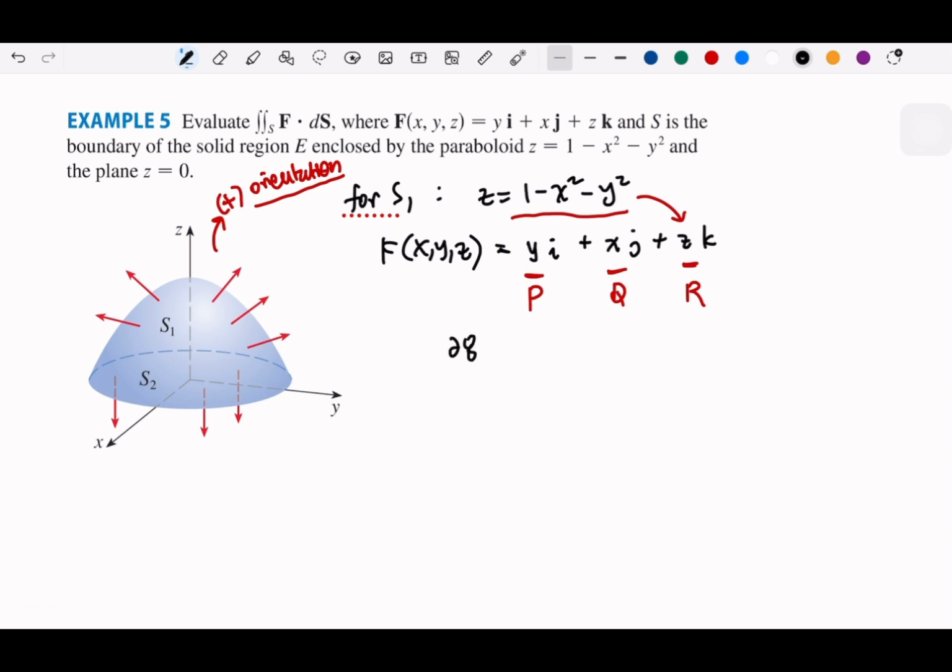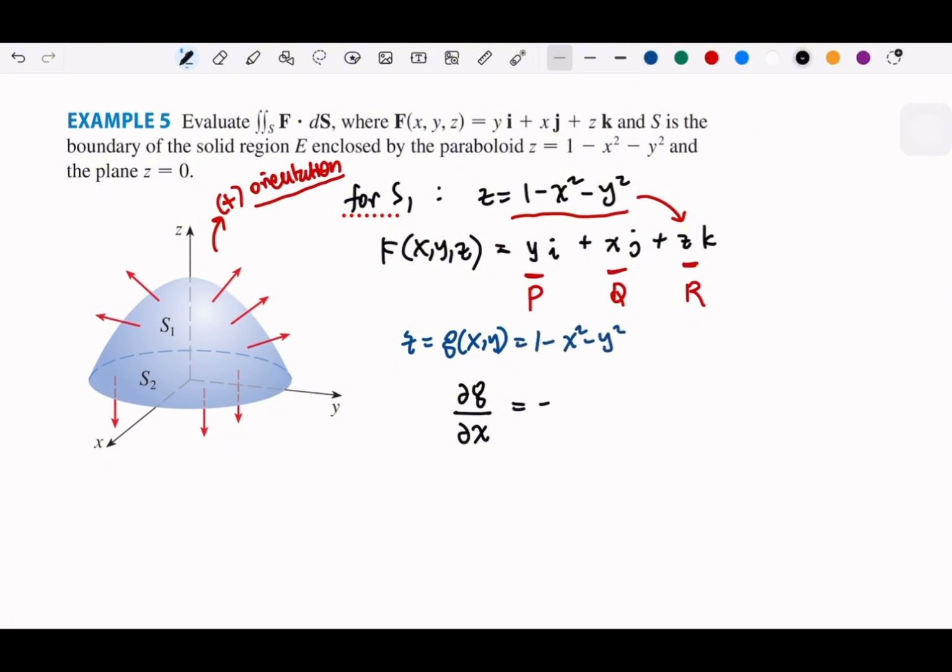And then we could find the dou G dou X. Suppose that Z is G of x, y, is 1 minus x squared minus y squared.